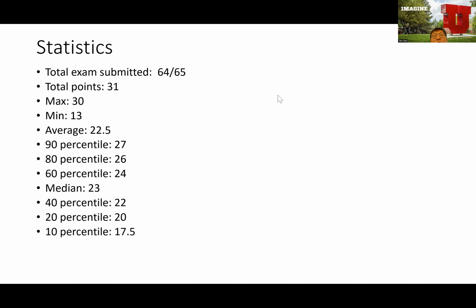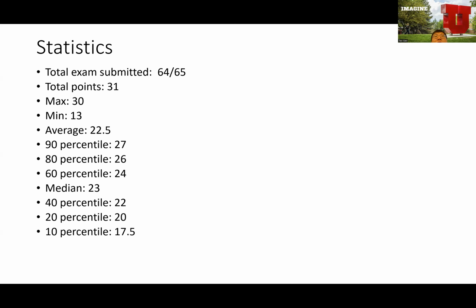The total points of this exam is 31, and we have a max score of 30 and a minimum score of 13, and the average is 22.5. The median is 23, quite close to the average. The 90th percentile is 27, which means if your grade is above 27, your performance in this exam is among the top 10% of all the students, right?